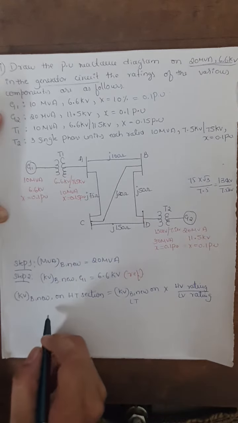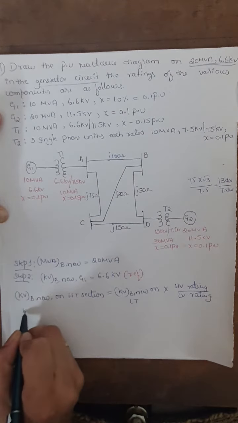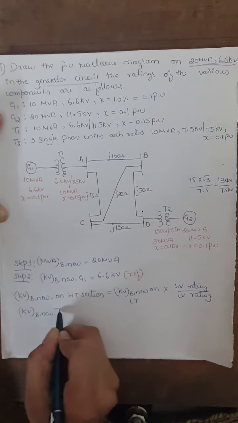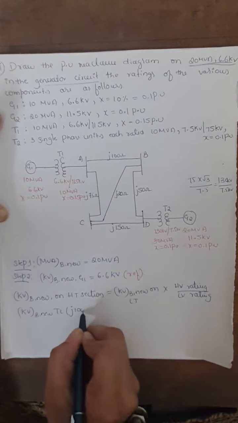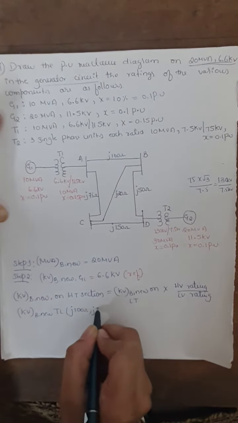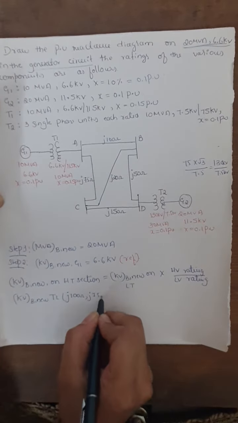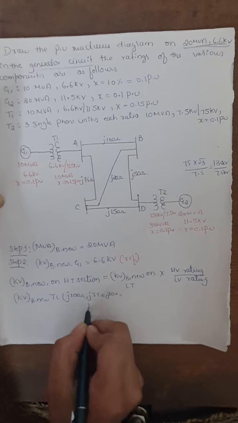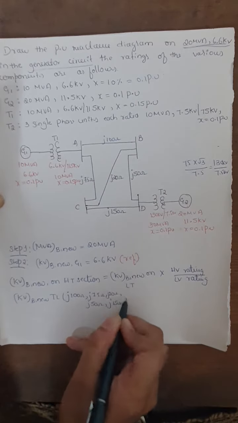Use this formula for calculation of all the reactances of the transmission line. So we can rewrite the formula, kilovolt base new for the transmission line. This base voltage will apply to the 100 ohm, the J75 ohm, similarly the 20 ohm, J20 ohm, then the 50 ohm and the J150 ohm.